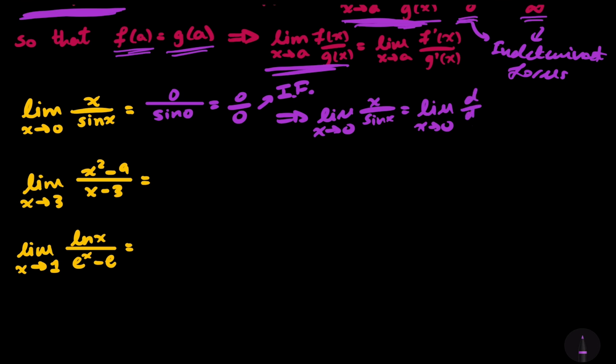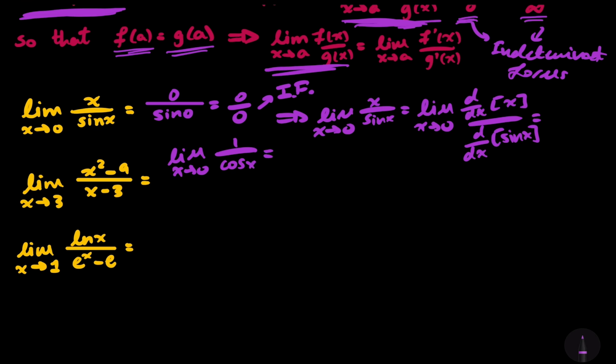So derivative with respect to x of x over the derivative with respect to x of sine of x, which, what is that going to be equal to? That's the limit as x approaches 0 of, what's the derivative of x? Well, that's just going to be 1. Derivative of sine of x is cosine of x, and then if we use direct substitution, we'll end up with essentially 1 divided by 1, which is equal to 1. So that would be our limit using L'Hopital's rule.